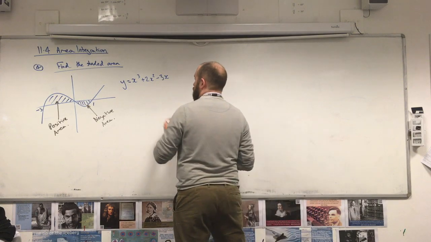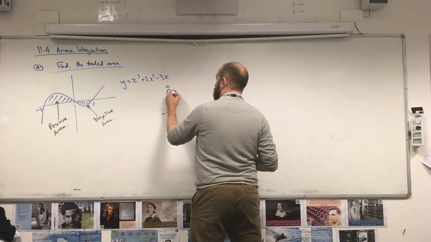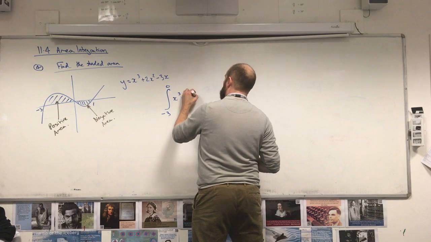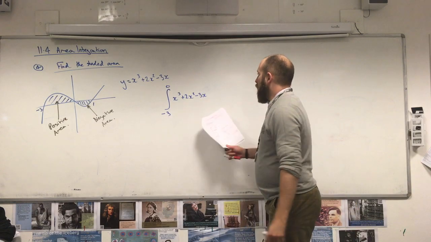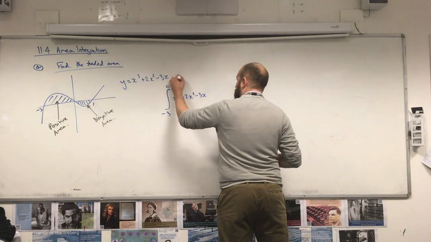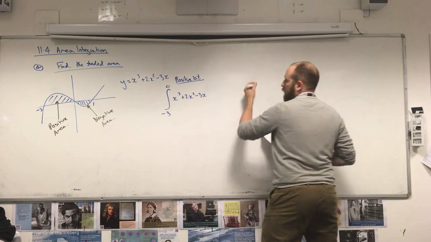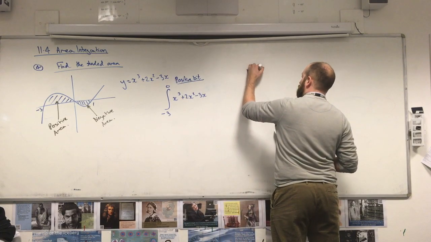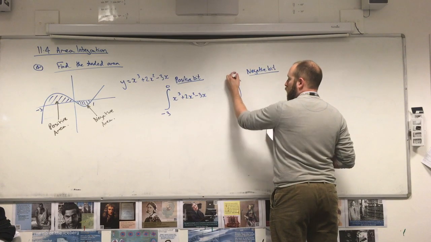So we're going to get the integral from -3 to 0, and that's going to be positive. Then, so if I label this positive bit, then we're going to do the negative bit. So we're going to integrate from 0 to 1, same thing.